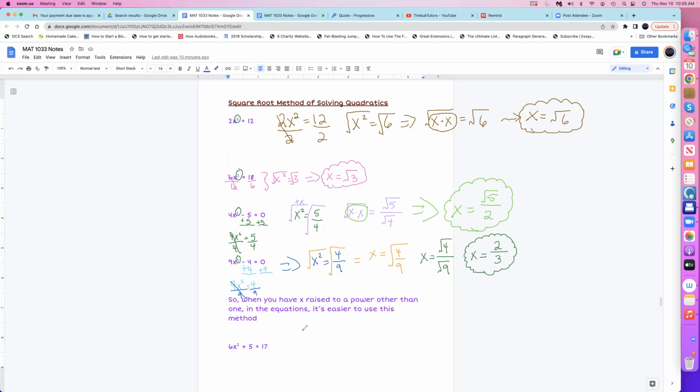Okay, so 6x squared plus 5 equals 17. I move the 5. That leaves me with 6x squared equals 12. Divide both sides by 6.